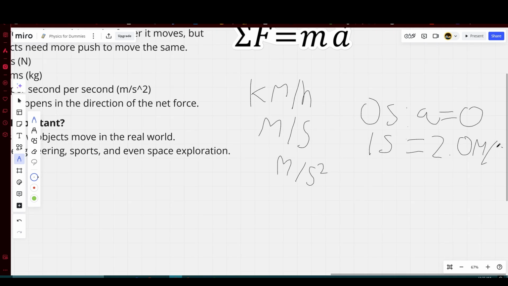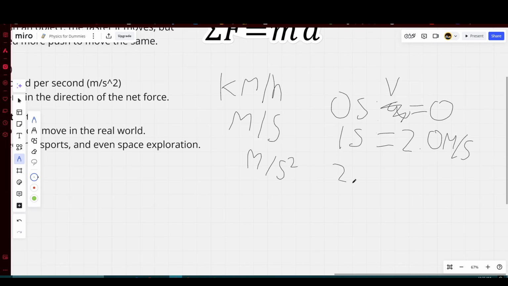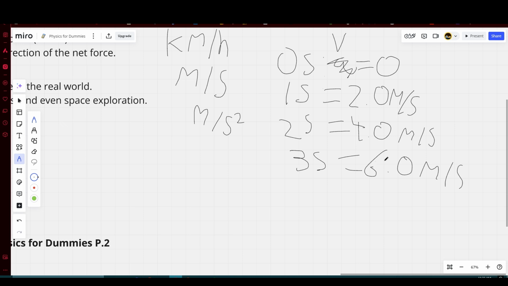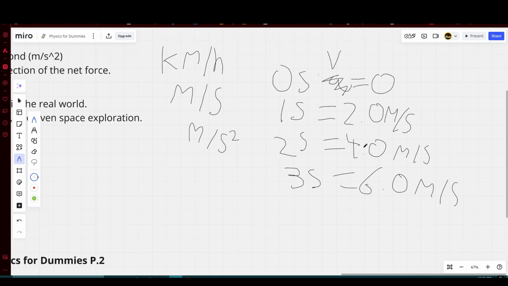Well, we'll just label that as V. After 2 seconds, your speed is going to be 4 meters per second, because for every second of travel, you gain 2 meters per second of speed. So at 3 seconds, it's going to be 6 meters per second, and so on and so forth. Every second, you're going to keep adding 2 meters per second. That's what acceleration is. You're basically getting faster and faster. Whereas with constant velocity, you're going at the exact same speed.